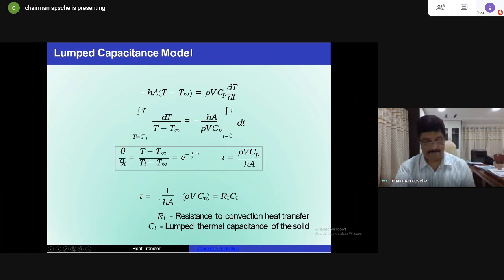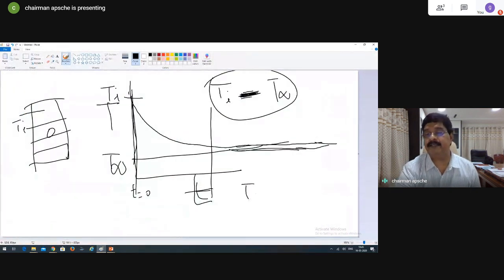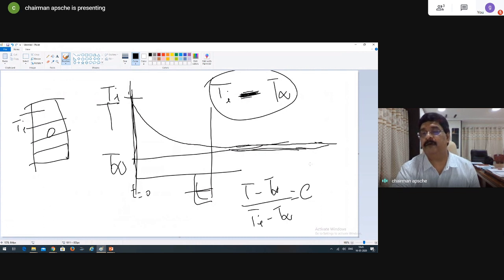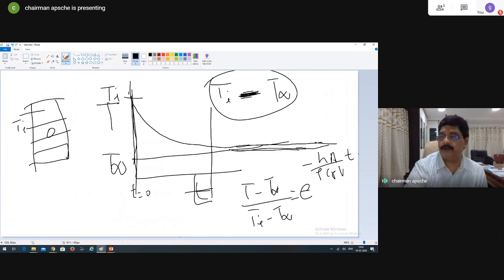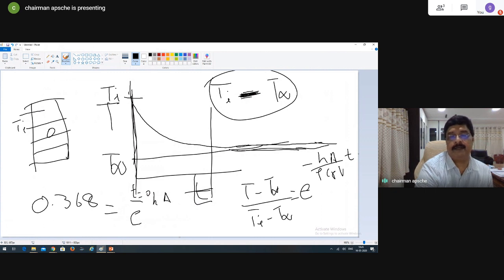(T minus T infinity) divided by (Ti minus T infinity) is equal to e to the power of minus HA divided by rho CPV into T. అంతే కదా, e to the power of minus HAT divided by rho CPV. ఇదేమన్నాను థీటా, ఇదేమన్నాను థీటా ఐ. సో టైం కాన్స్టెంట్ వచ్చేసరికి థీటా బై థీటా ఐ ఇస్ ఈక్వల్ టు 0.368 ఉండాలి, అంతేనా? 0.368 ఉండాలి. దట్స్ ఈక్వల్ టు e to the power of minus HAT divided by rho CPV.